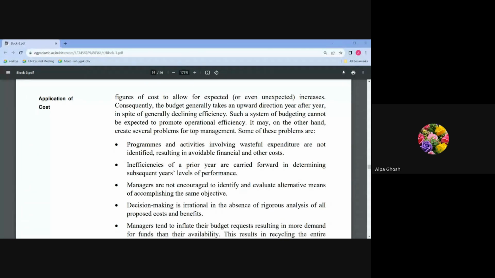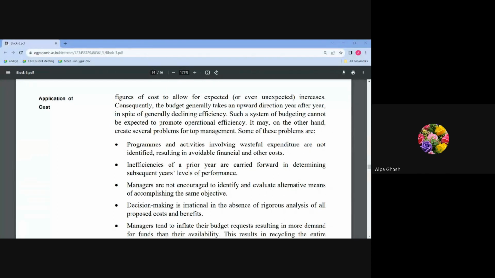This is what we actually do in budgeting. In budgeting, we take the base, the data of the previous year, and on the basis of the previous year's data, the current budget is prepared. There is one aspect in budgeting which is zero-based budgeting. Zero-based budgeting means that the base is zero.